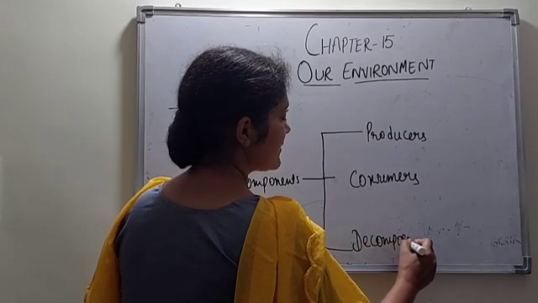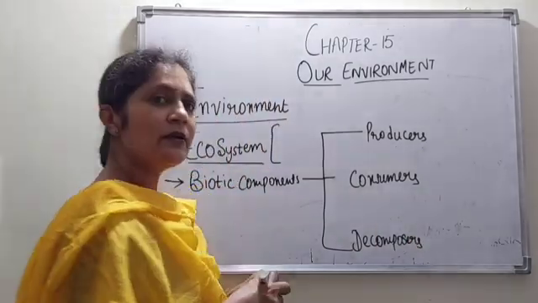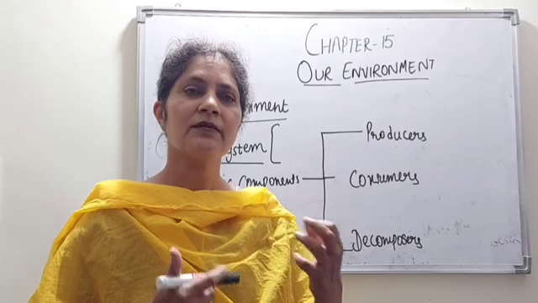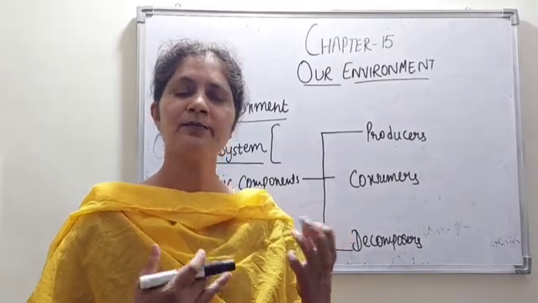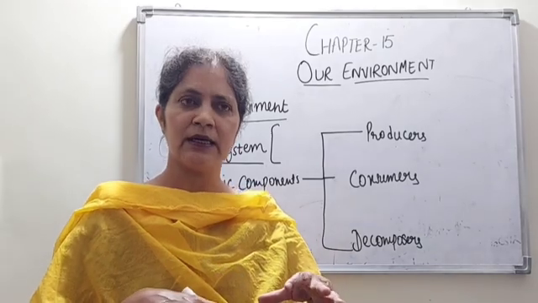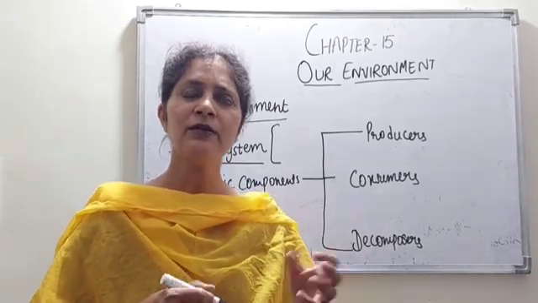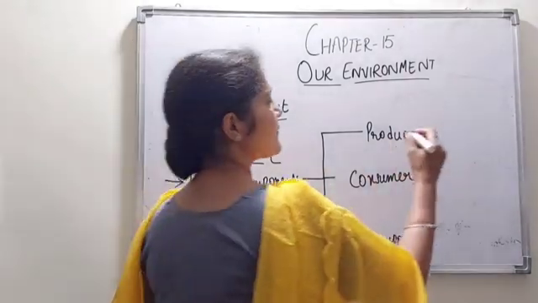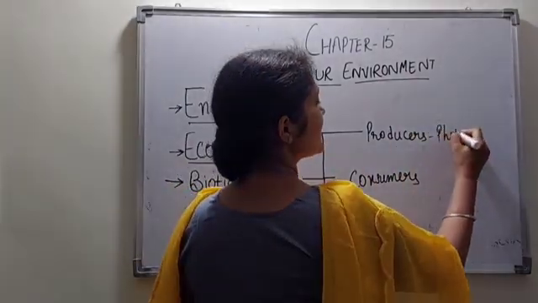Now what are producers? Producers are those plants which produce their own food, which make their own food. Like we have done earlier, how plants make their own food? With the process of photosynthesis.